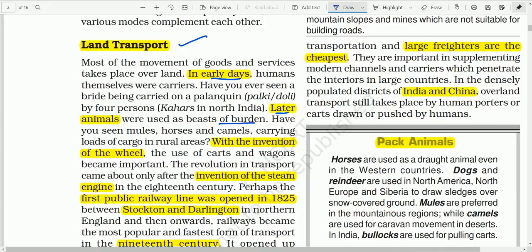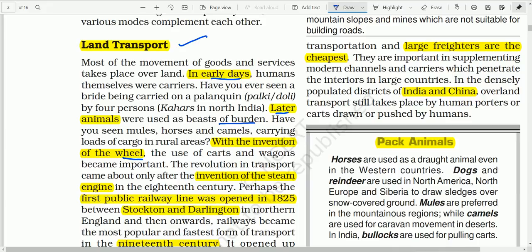You might have seen mules, horses, camels carrying lots of cargo in rural areas, in movies, and on television. After the invention of the wheel, the use of carts and wagons became important.